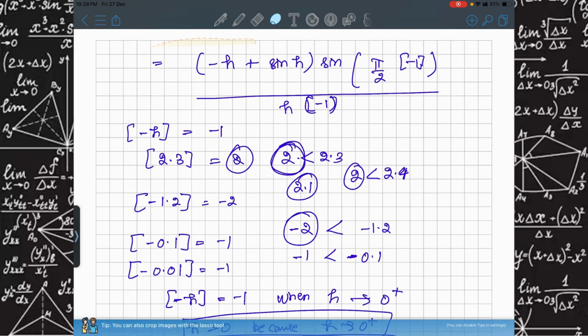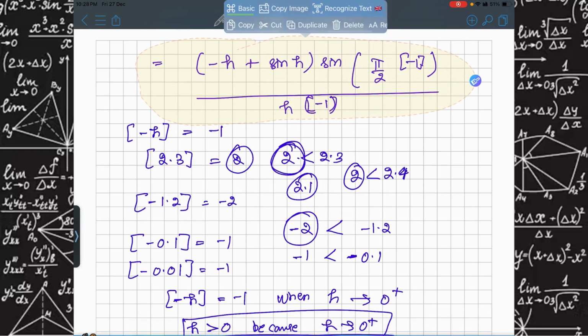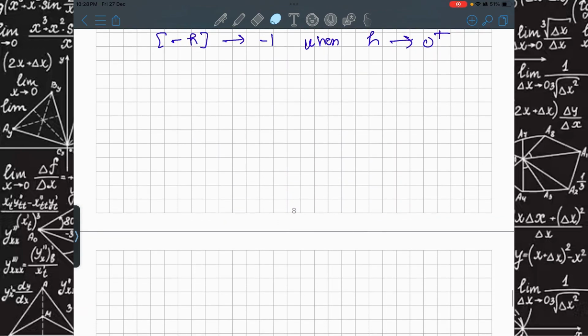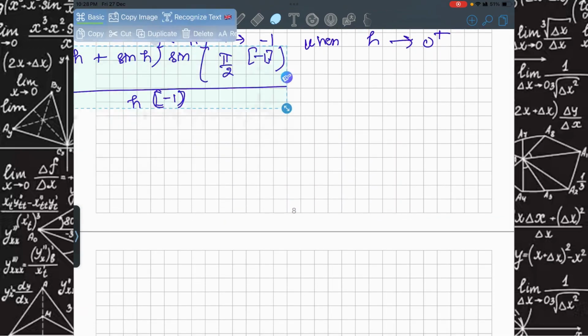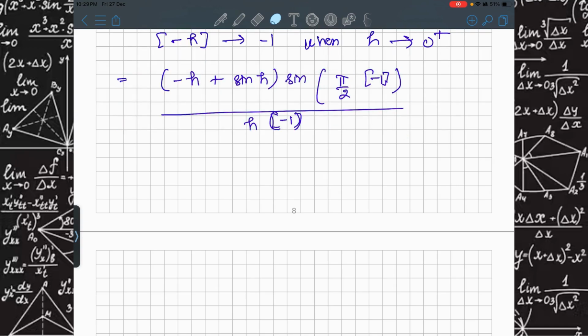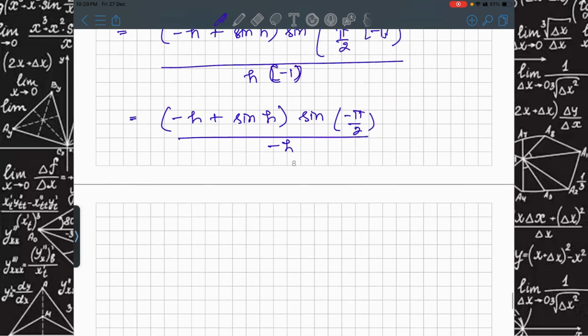Let me copy this. This was the equation. Okay, so now let's proceed further. So this becomes minus h plus sine h into sine of minus pi by 2, divided by minus h, right?